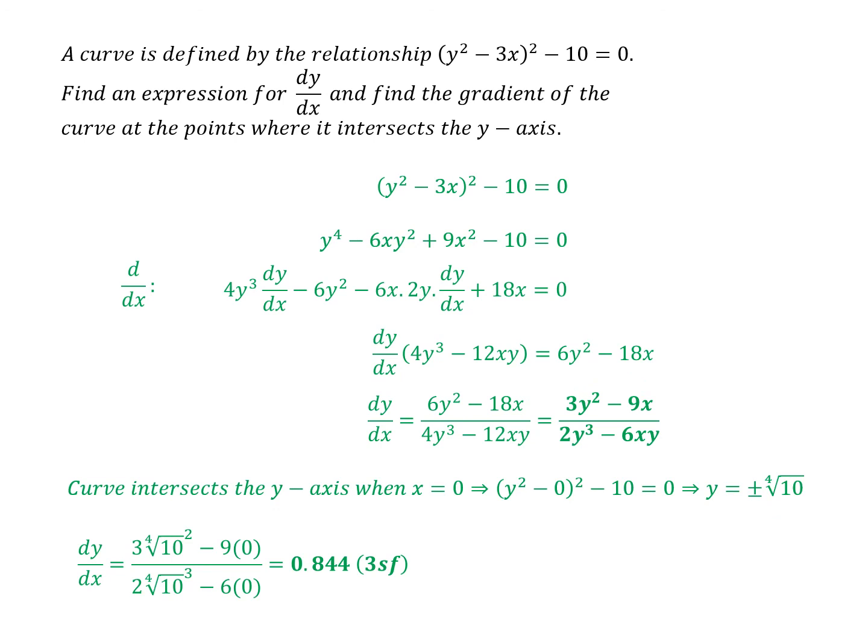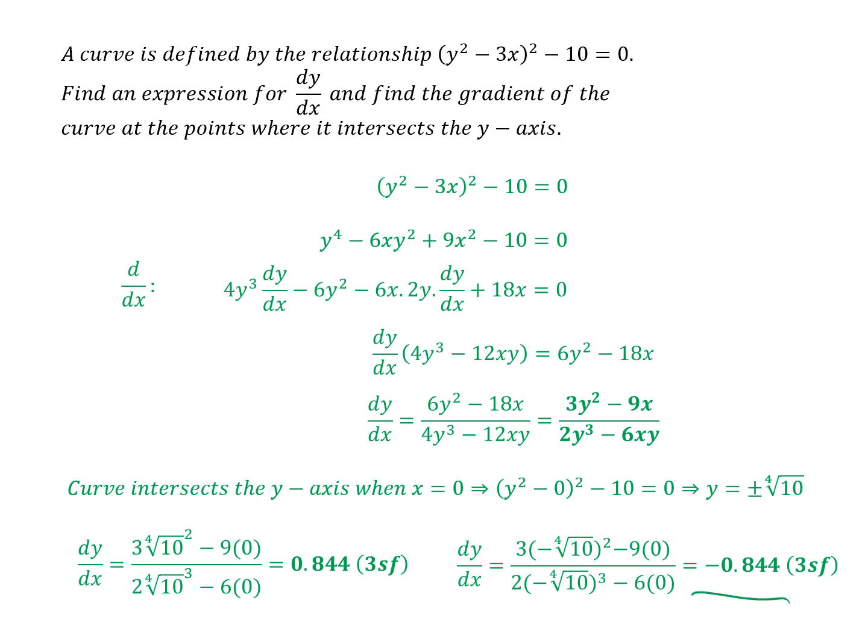So when I put the positive 4th root of 10 in for y here, and x equals 0 here and here, and put that into my calculator, I get a value of 0.844. When I put the negative 4th root of 10 into the expression for dy/dx, I get minus 0.844. So those are the gradients at the points where the curve cuts the y-axis. Phew.